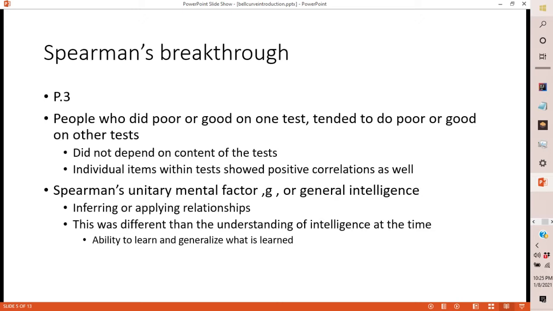So what he found out was people who did poor or good on one test tended to do poor or good on other tests. Interesting. And it did not depend on the content of the tests. And individual items within the tests showed positive correlations as well.